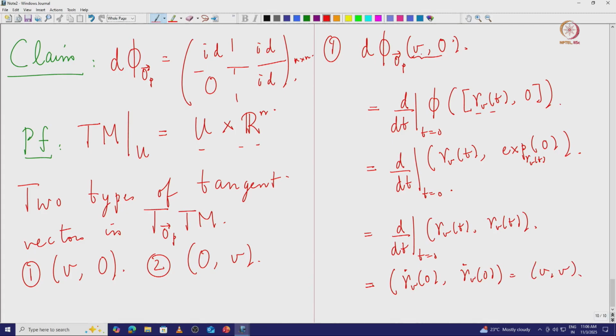So the vector (v, 0) goes to (v, v). This accounts for the first n rows of this derivative matrix.